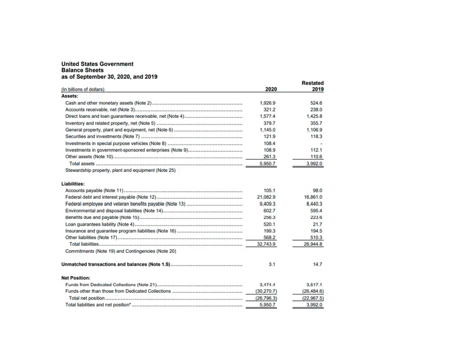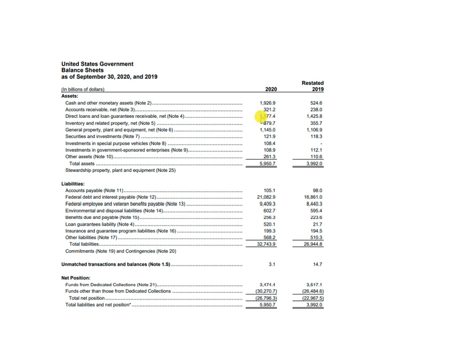And next is the balance sheet. This is very similar to the balance sheet for the private sector. It reports the assets, liabilities, and the net position for the federal government. The largest asset is cash and other monetary assets. This number can also be seen from the previous statement.